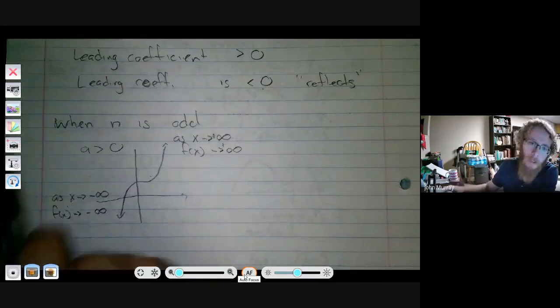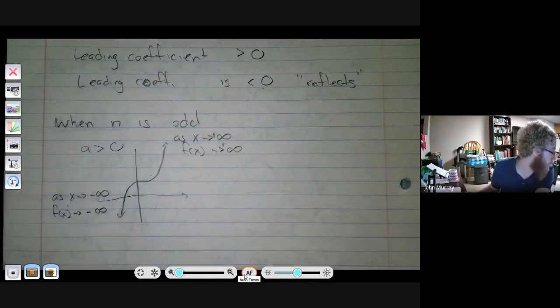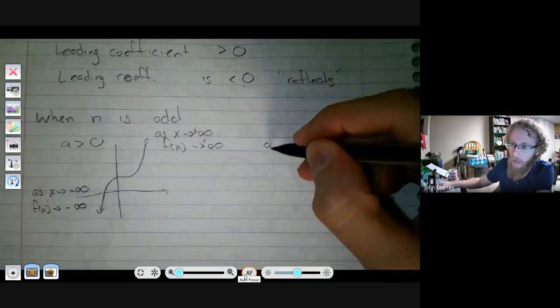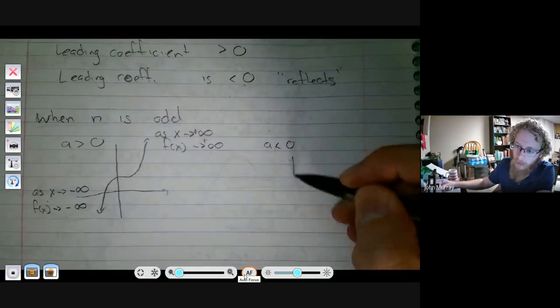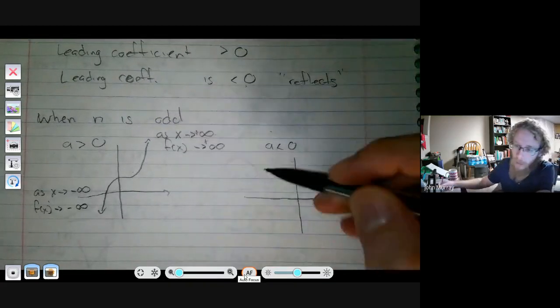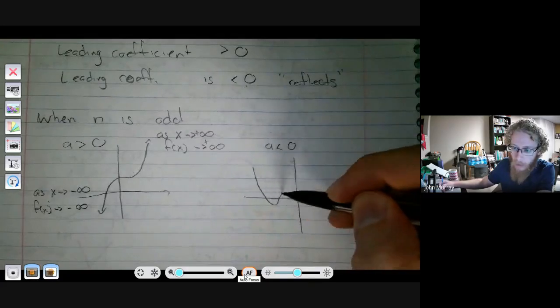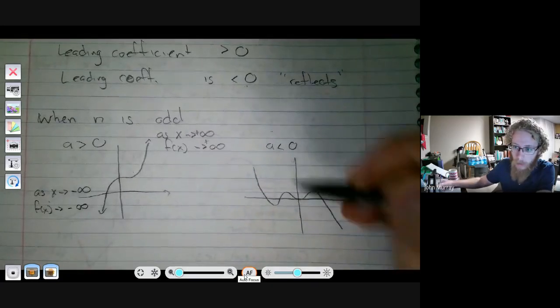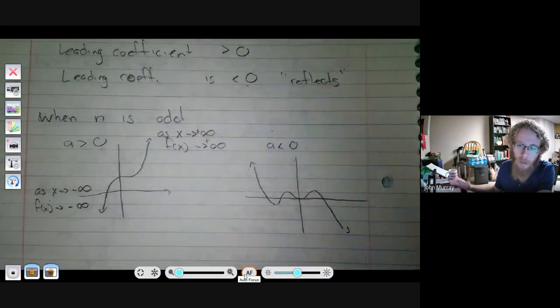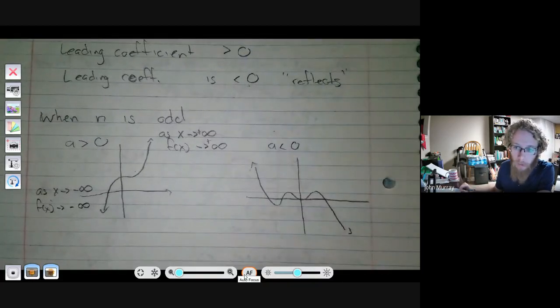Okay, so that's when n is odd and a is greater than 0. If a is less than 0, okay, that reflects it, and we end up with opposite end behavior.